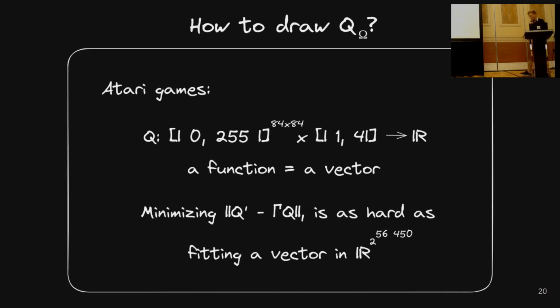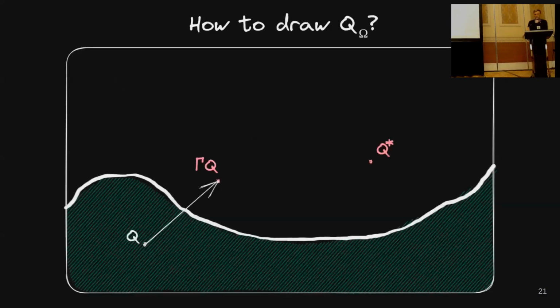Therefore, we cannot represent the Q function exactly. So what we are always working with is some kind of parametric family, and we are trying to approximate that Q function Q star. And the optimization process of DQN proceeds in this way.